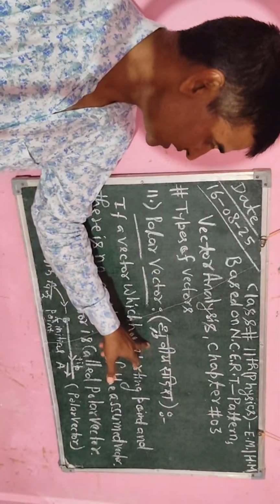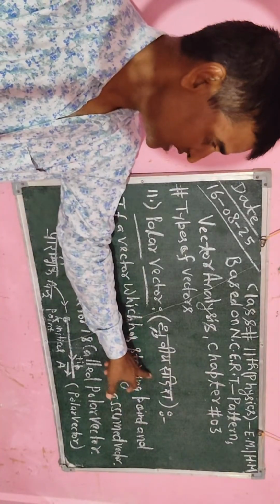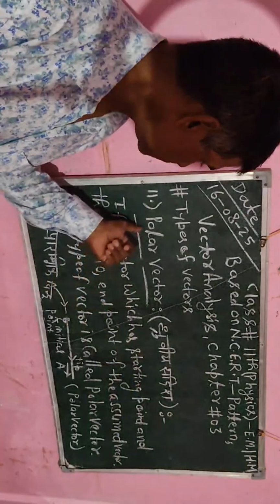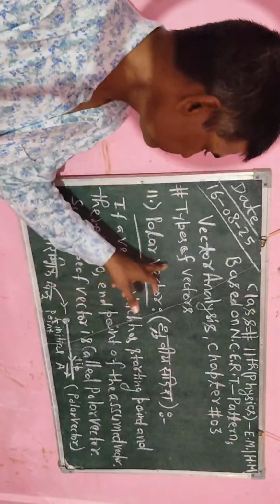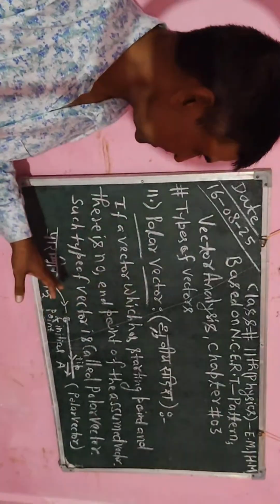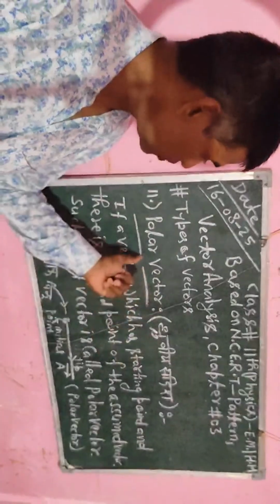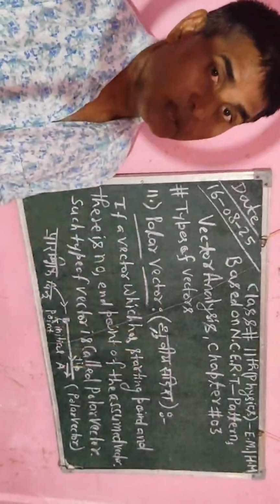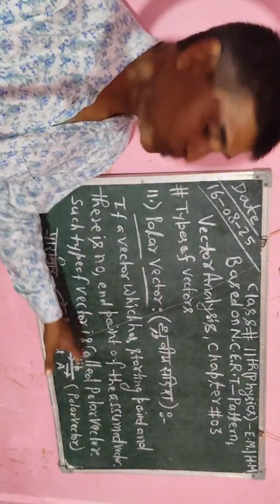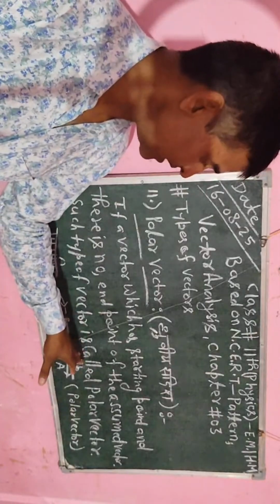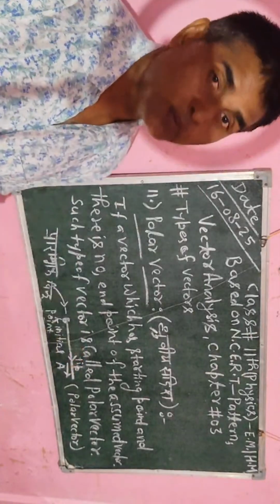We will know it by the name ध्रुवीय सदिश, and in English we will explain it by the name polar vector. So this is the required concept of polar vector or ध्रुवीय सदिश. It means a vector which has one end point and the other end point is not existing in the plane. So that vector is called a polar vector.